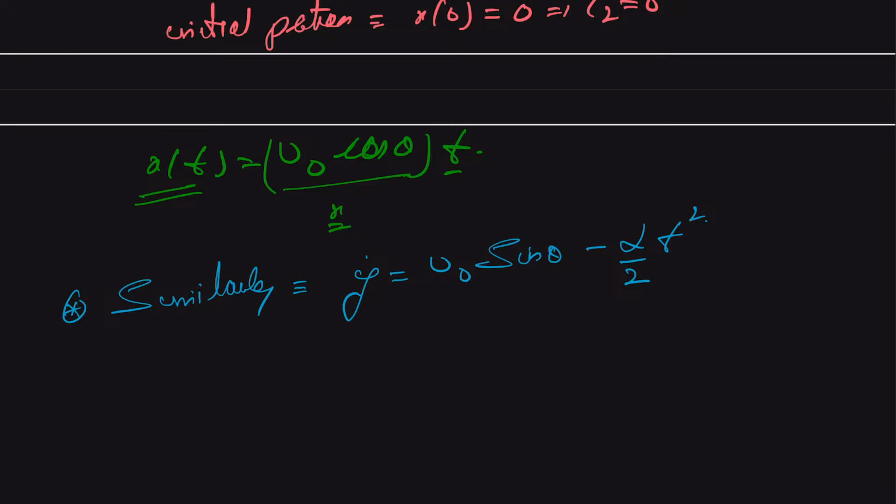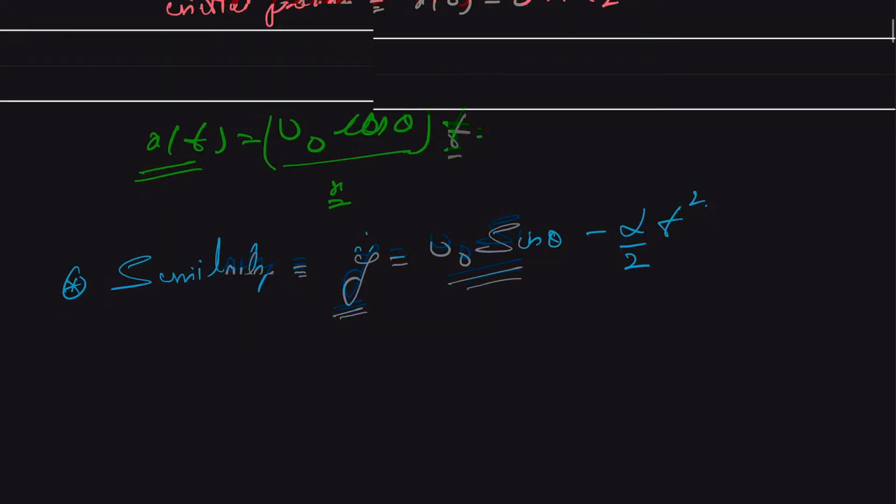Okay, it means this is our velocity at time t, v naught is the initial velocity, and alpha is our, this minus alpha by 2.